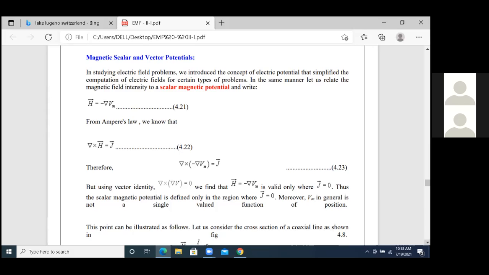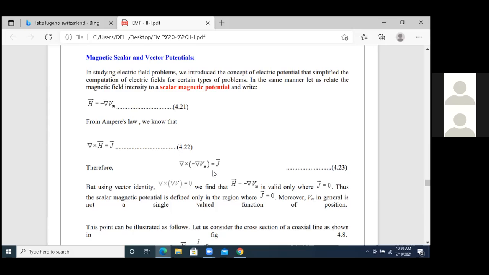So let us just do the maths. We're gonna substitute the H here in this.